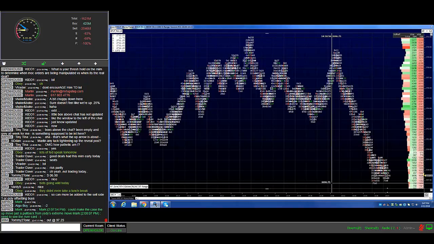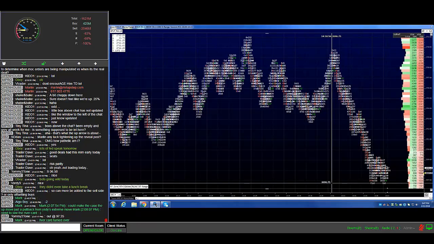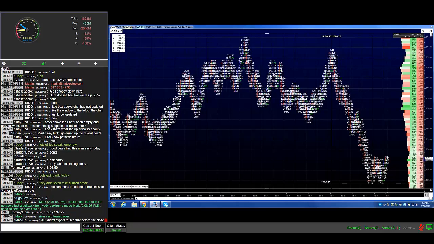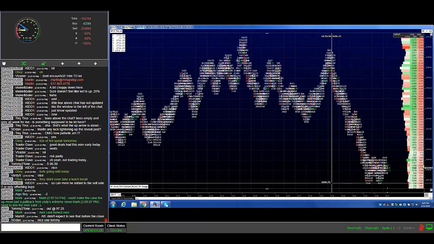Low tick of the day here on this selling getting out. NQ is now red. ES is now red. I'm going to crawl out here because it's too distracting talking and trading.